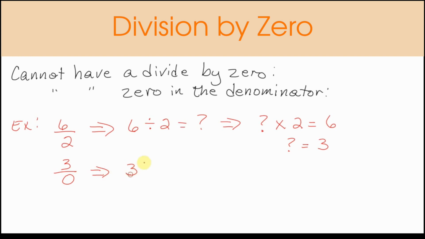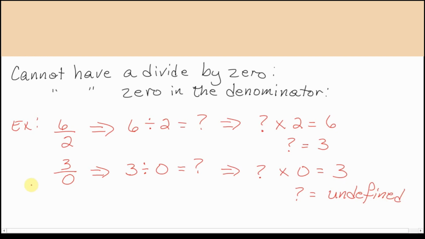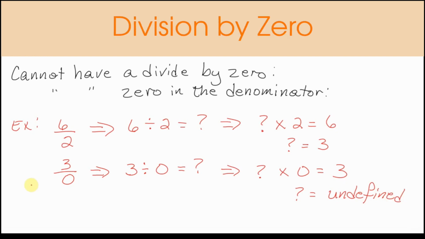We're saying 3 divided by 0 equals what number? Using the same reasoning, we're asking, what number can we multiply by 0 and get 3? There's not a number that we can multiply by 0 and get any nonzero number, so this is undefined, meaning that it's impossible to do. So therefore, since a rational expression is a fraction, we do not want to have 0 in the denominator.